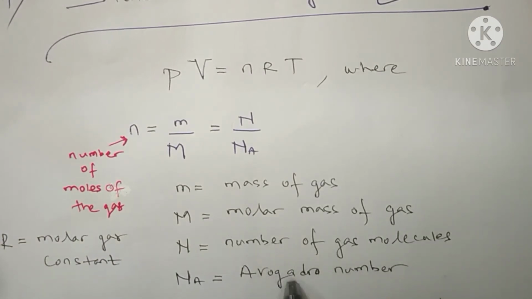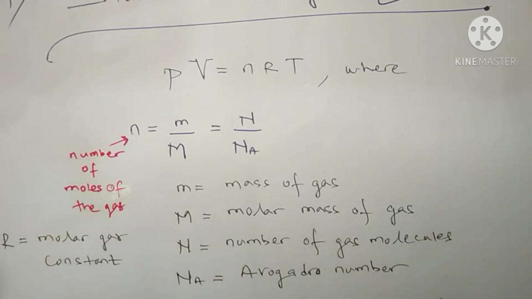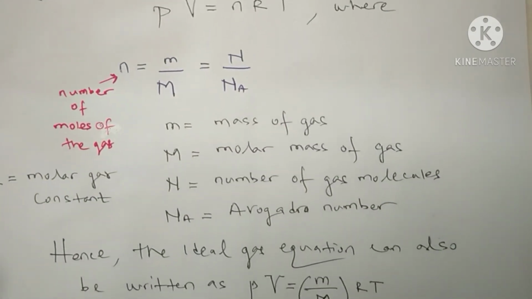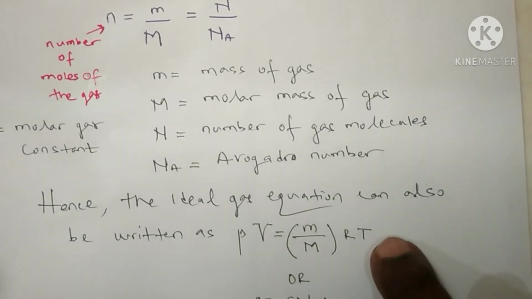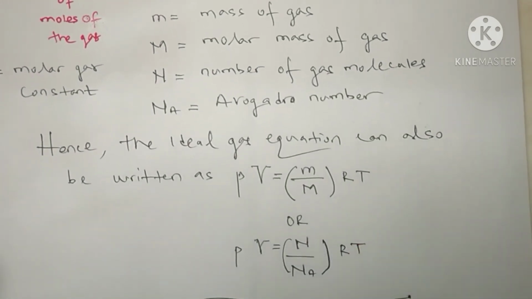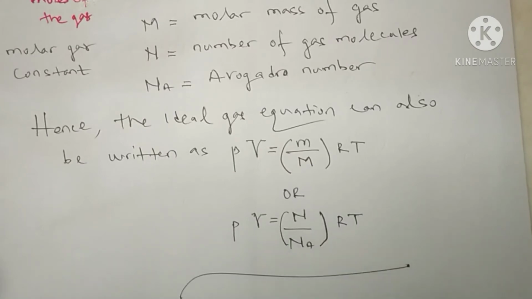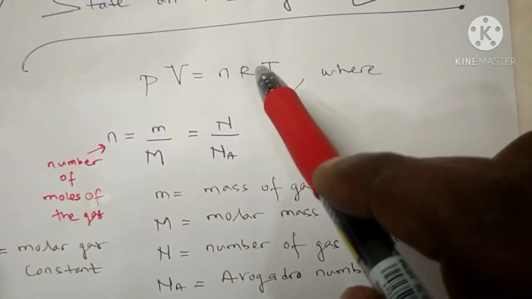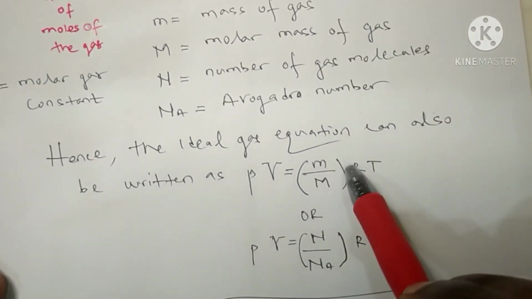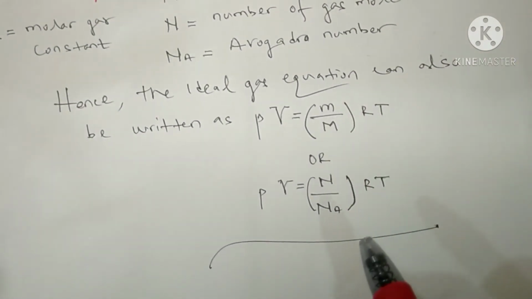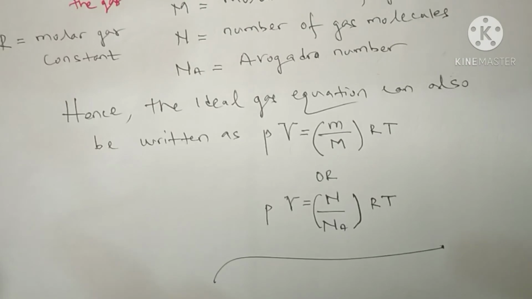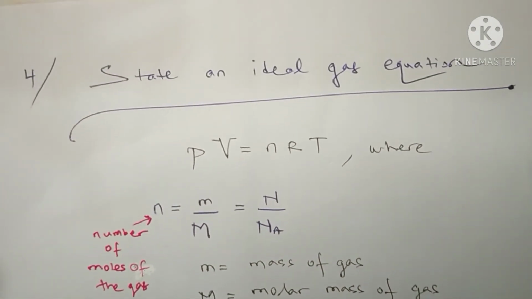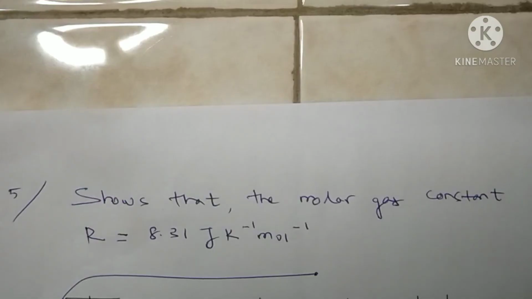Hence, the ideal gas equation can also be written as this or in this form. So we have three options, option 1, option 2, and option 3 to state an ideal gas equation.